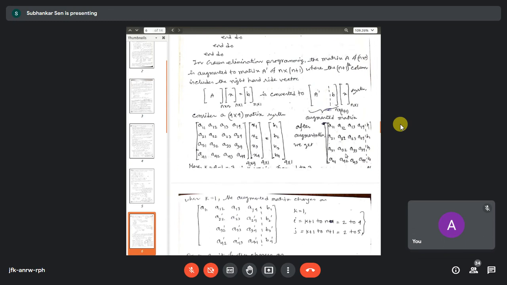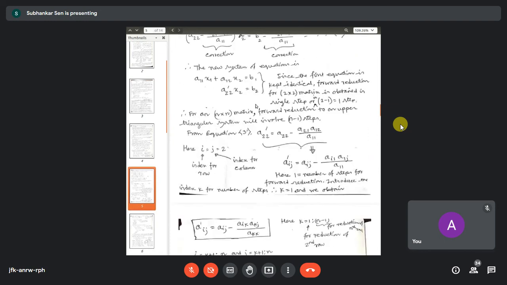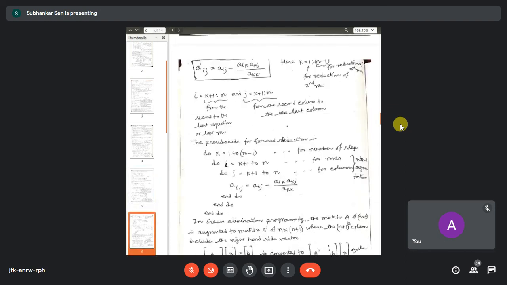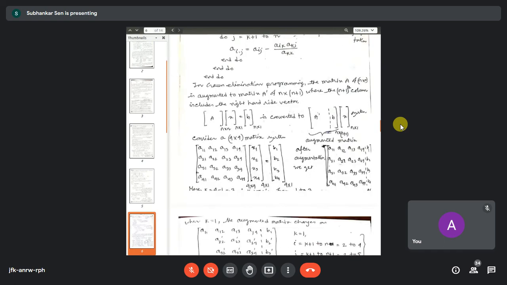So let us consider one 4 by 4 matrix, and let us try to understand how whatever we have written here works. Particularly, we have to understand the implication of k. What is k actually? To understand it, let us come to a simple example where we don't use any values, but just show the terminologies, and that will make your concept very clear.